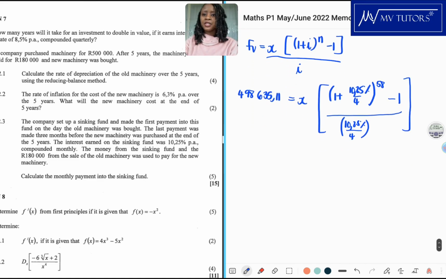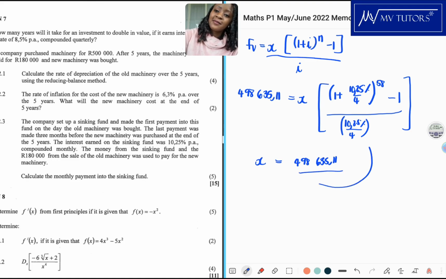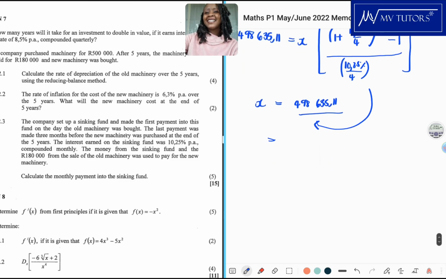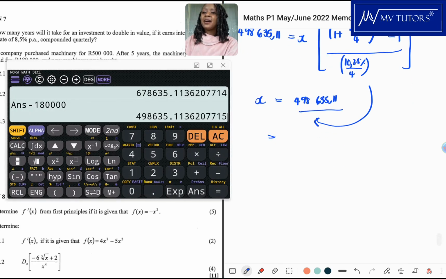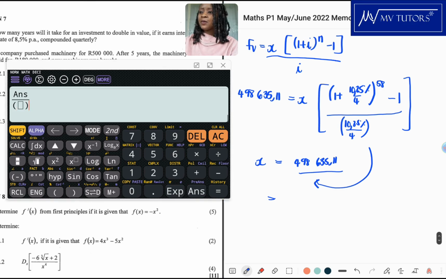It's quite a heavy calculation, but to get x, we are going to take that 498,635.11 and divide it by that lot. I'm not going to rewrite it. The reason why I want to do everything once is I don't want to lose the decimals, because I have .11, but there's 1 1 3 6 2 0 and so on. I don't want to lose those decimals yet. So I would take that answer that I got previously, and plug all of this into the calculator.